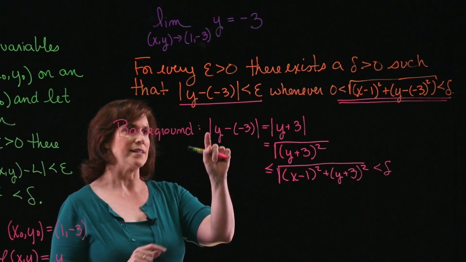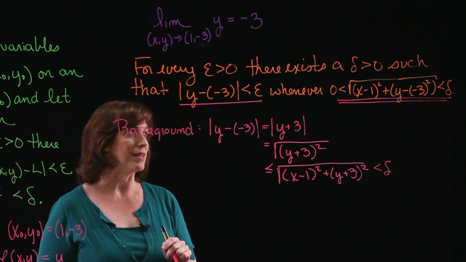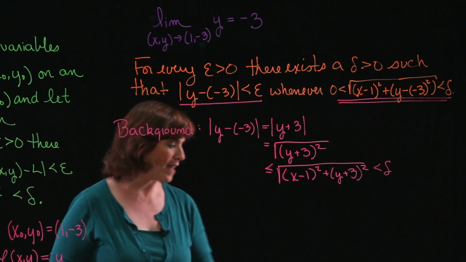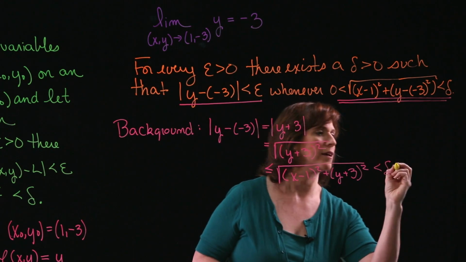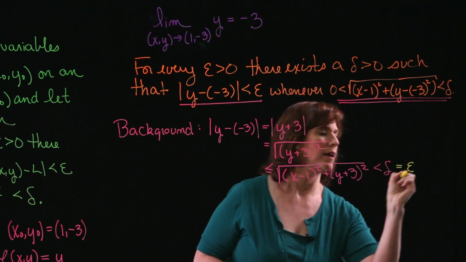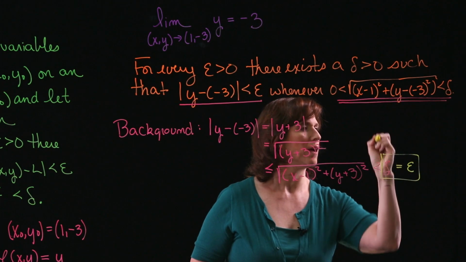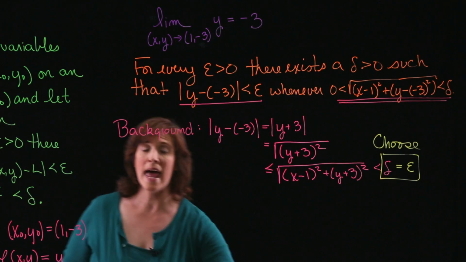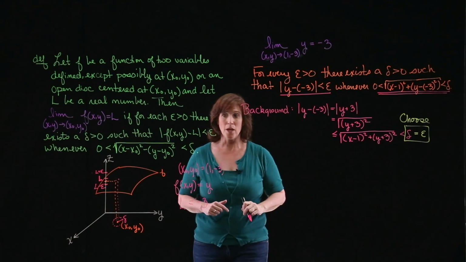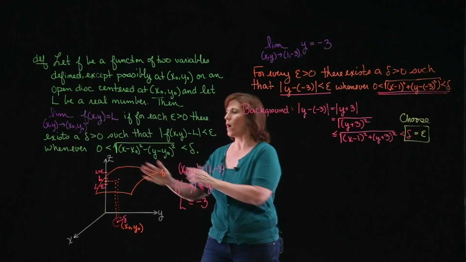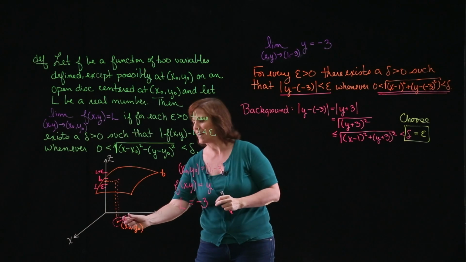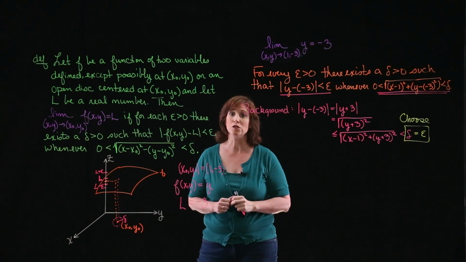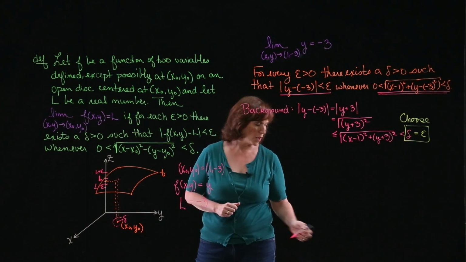So if I want the absolute value of y plus 3 to be less than epsilon, then I'm going to choose delta and epsilon to be the same thing. So again, in my picture here, whatever epsilon they give me, that's exactly the same thing that I'm going to choose for the radius of my circle.